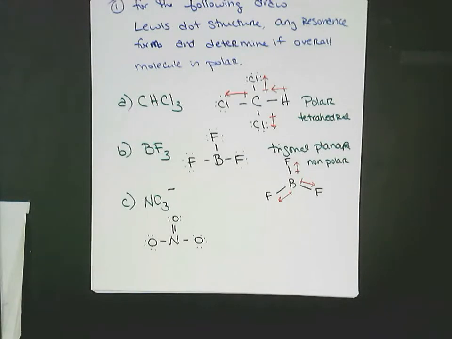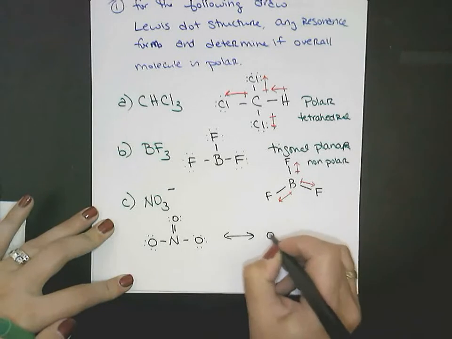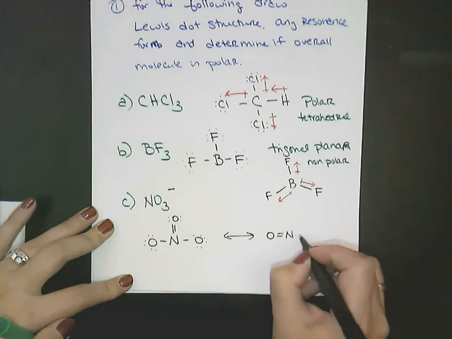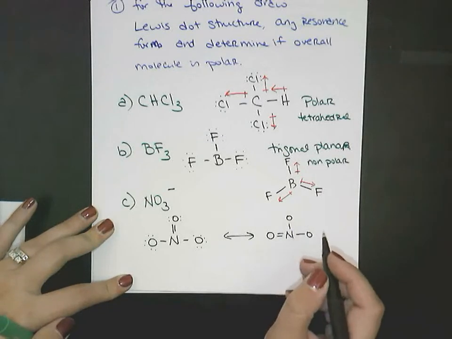So what would be a possible resonance structure for this? I can move the double bond over. That would be fine. But you said it needs 26 electrons? 24. Yeah, 24.